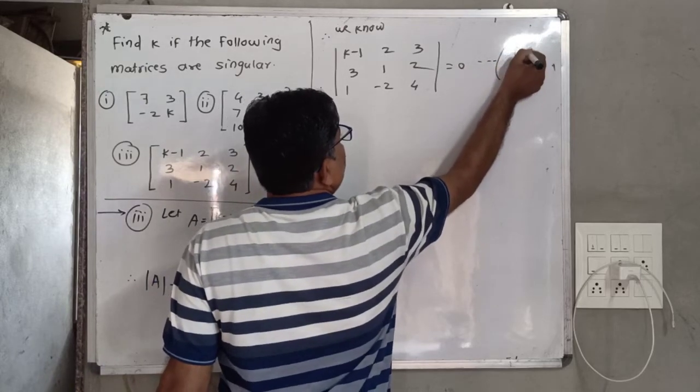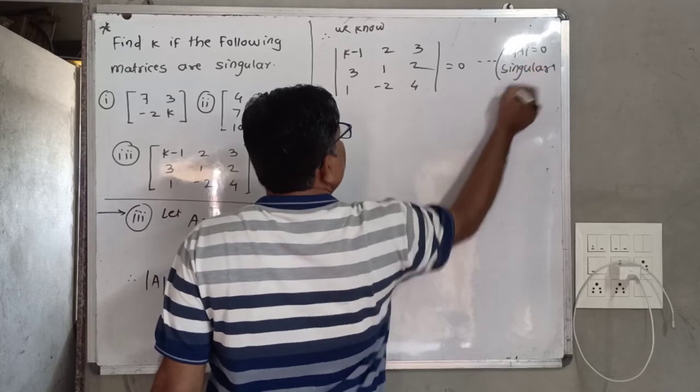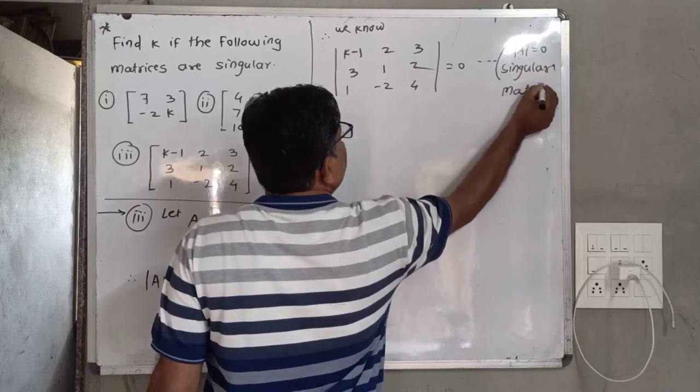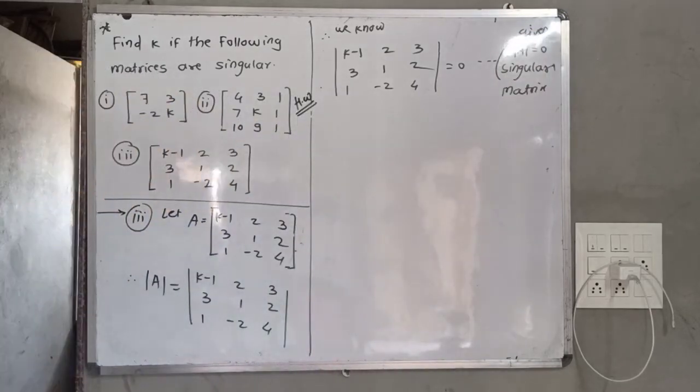Since determinant of A equals 0, it is a singular matrix. This is a given condition.